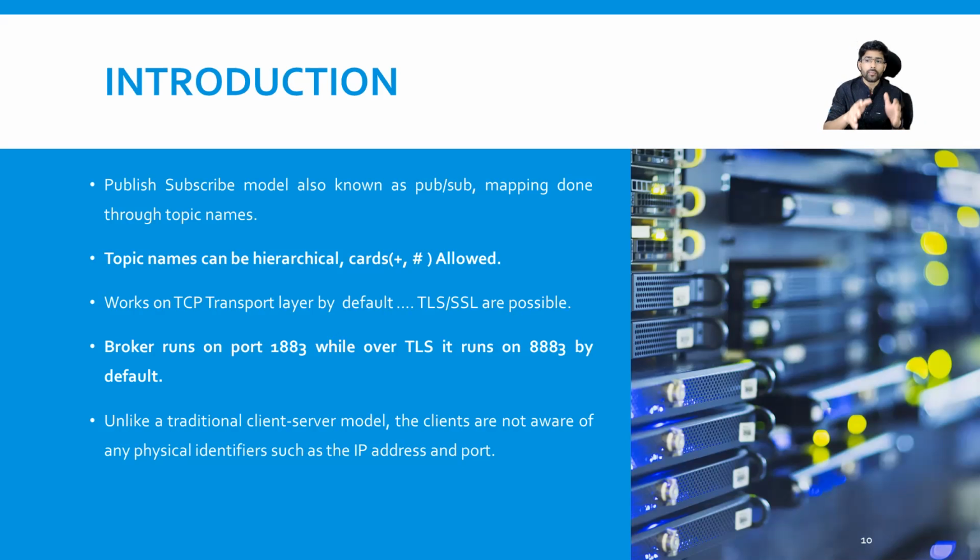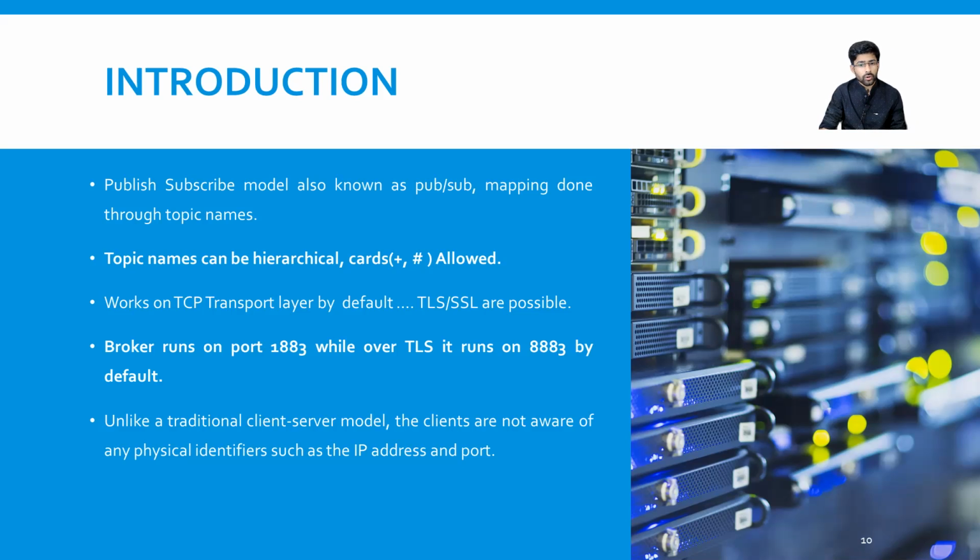So it's like a folder inside folder inside folder. Similar to that, hierarchical topic names could be there. For example, you have deployed a sensor in Pune location, so it could be state slash Maharashtra slash region slash Pune slash temperature, and then you can have some value like 27 degrees centigrade on that topic. This way you can basically name topics.